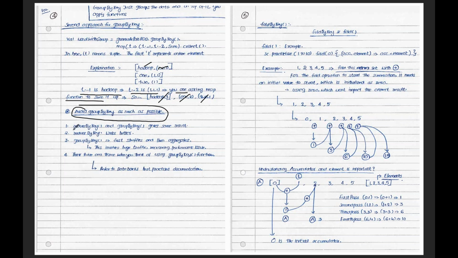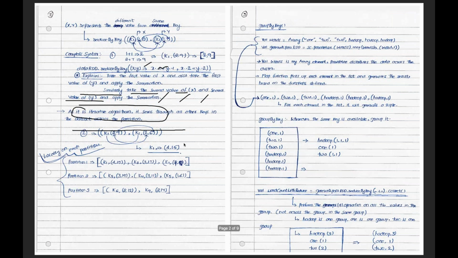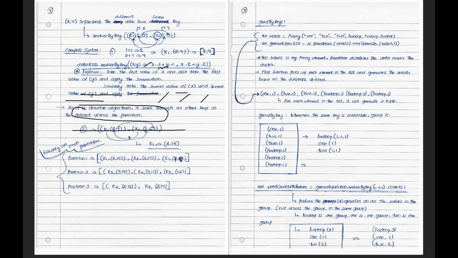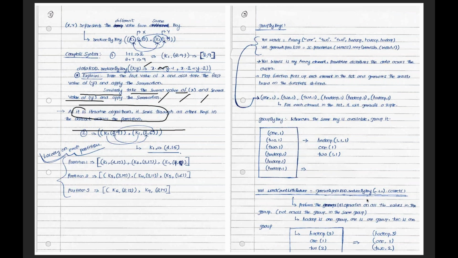Why? Reduce by key and group by key results are the same. Yes, that's correct. Because let me show you. Go to pointer. What did you do here? 2 plus 2. Wait. What did you do here?